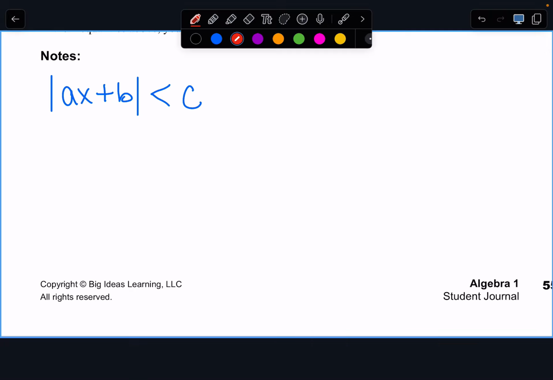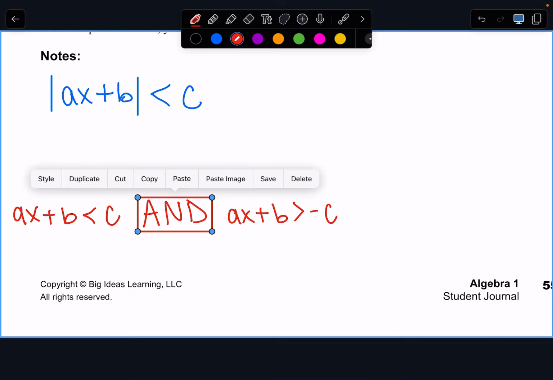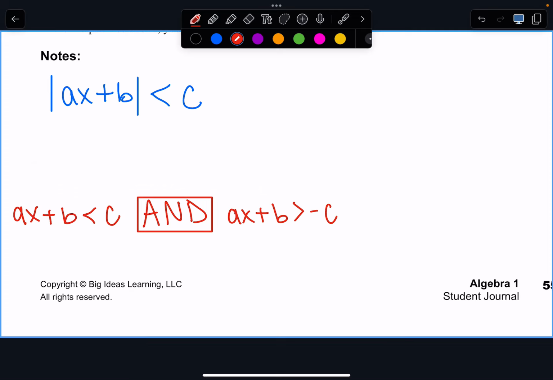We are going to break it up into ax plus b is less than c, and ax plus b, we're going to switch the inequality sign and switch the sign on our value. We got to switch both of them.